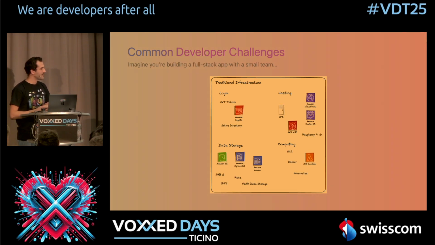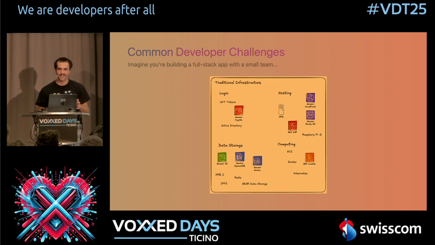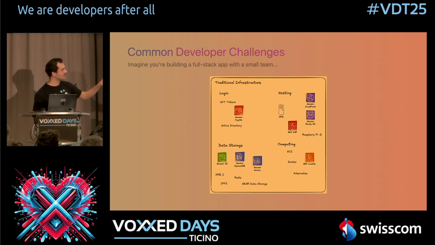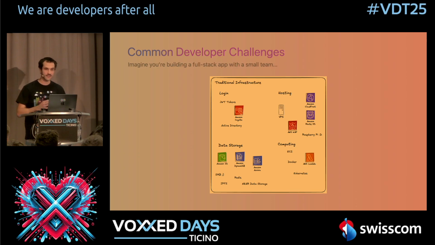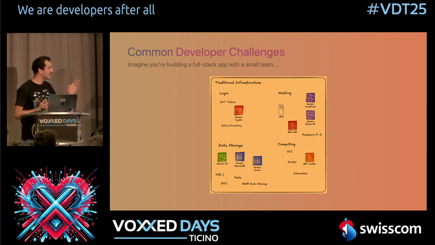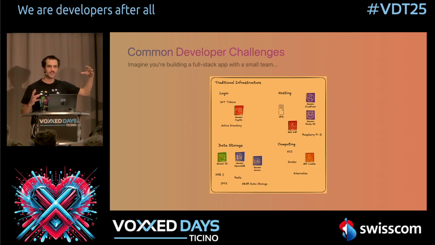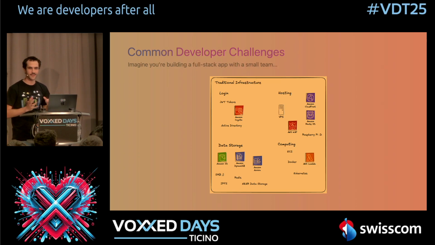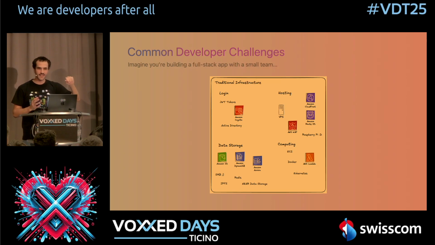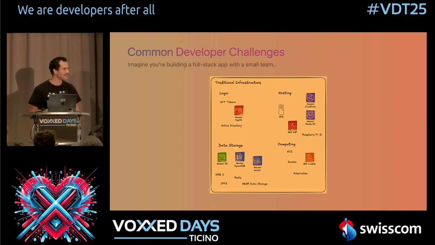So I'm starting to have a headache when I look at this representation here, because you can see that in order to build a simple application that has few requirements, we need a lot of tools and technologies, and we need to bring them all together in order to make them work properly. And then we need to secure all these things, and we need eventually to make it scale when it's time.